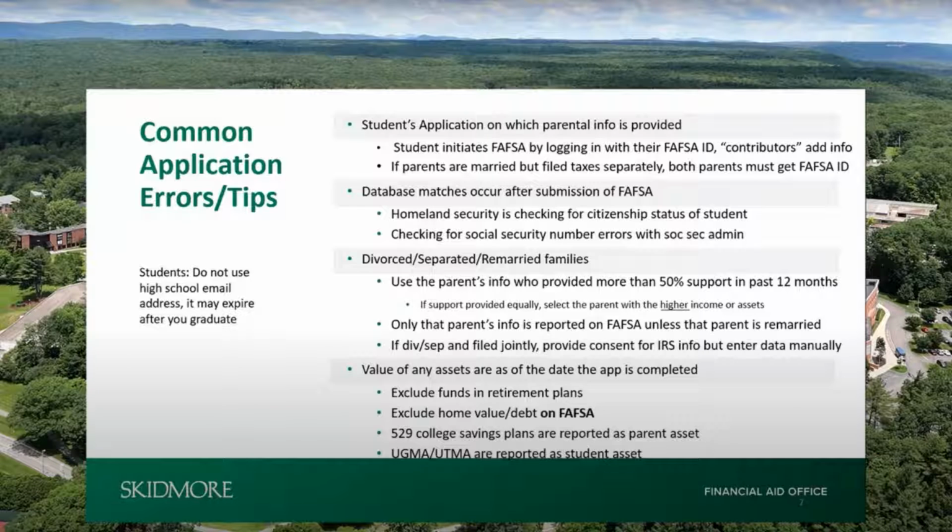So even if the student is not living with that parent, whichever parent provides more than 50% support is the parent who has to provide their data on the FAFSA, create a user ID and password, and sign it in order to do so. If that parent is remarried, that parent's current spouse also has to provide their information on the FAFSA as well.